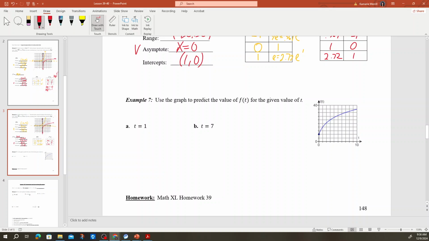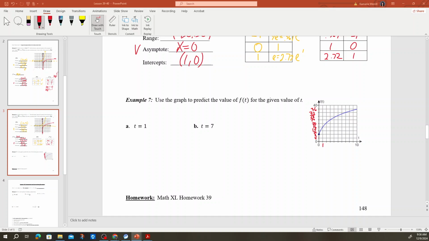It looks like we're counting by 4s because this is like 4, 8, 12, 16, 20, 24, 28. It looks like 32 and 36. So it looks like we're counting by 4s. And then this looks like I have 10 tick marks as well.